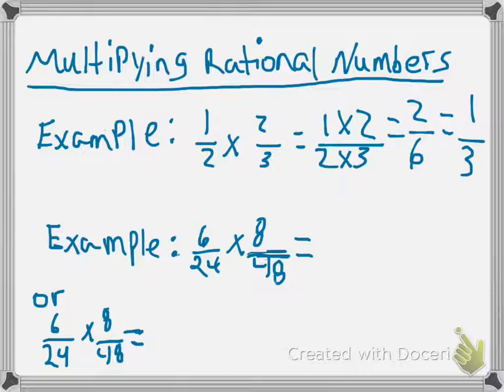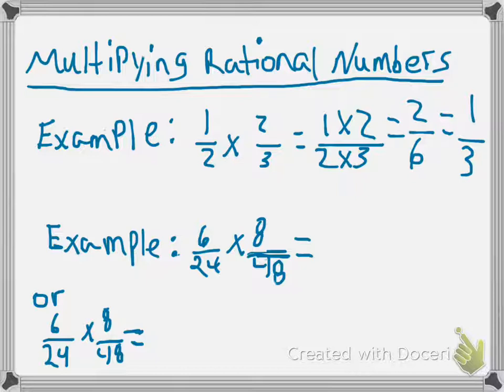When you have bigger numbers, like our next example, 6 over 24 times 8 over 48, you can either multiply straight across, or you can simplify it before you multiply straight across.